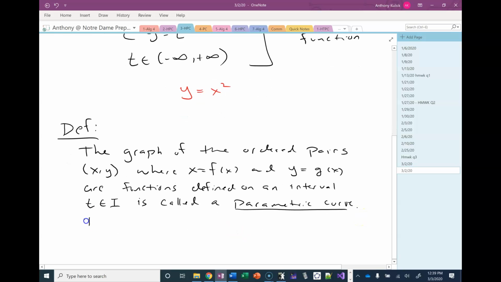We say the two functions, f of t and g of t, are the parametric equations for the curve.